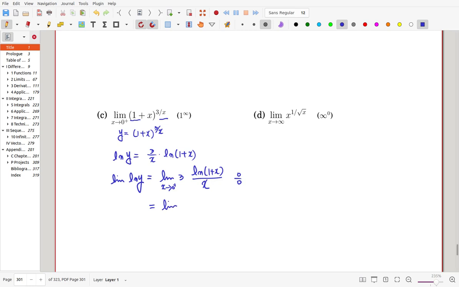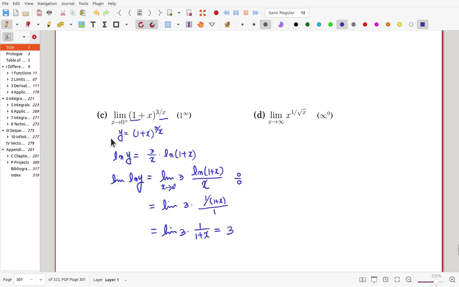So that is the same as limit, and now 3 times the derivative will be 1 over 1 plus x. Now the bottom will be 1. So we can rewrite this one in this way: limit of 3 times 1 over 1 plus x. Okay, so here once x is approaching 0, then there will be 3. So that one is the same as the logarithm of the limit of y.